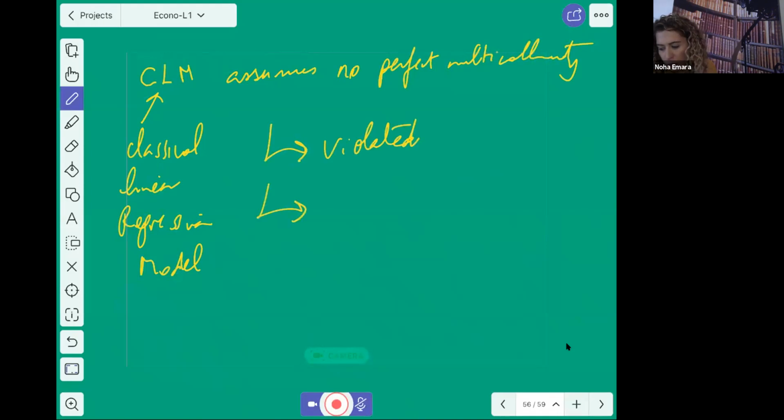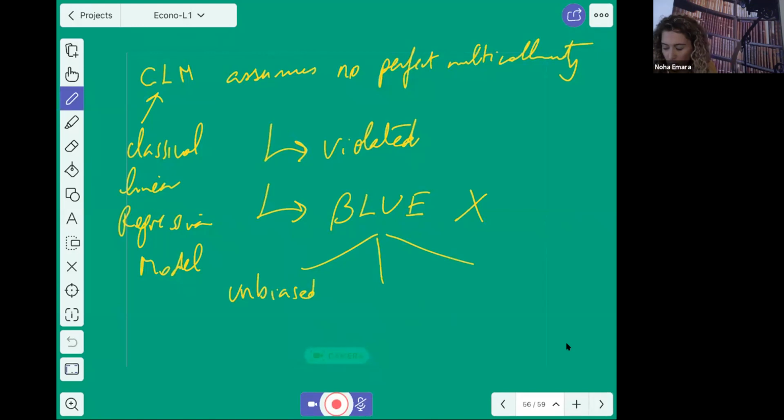then my coefficients are no more the best linear unbiased estimator. So they are no more BLUE. And when I check the components of BLUE, I know that I'm talking about unbiased, consistent, and efficient.